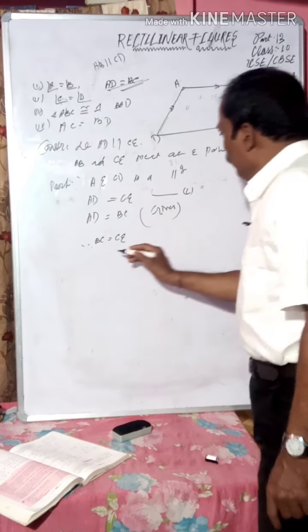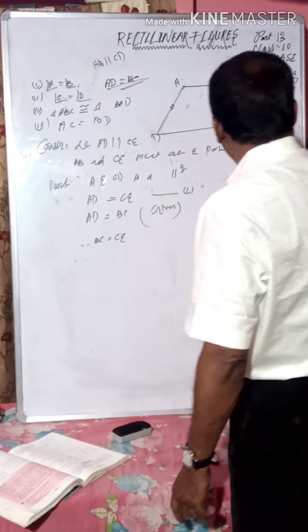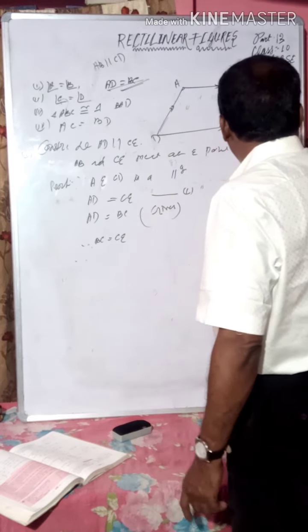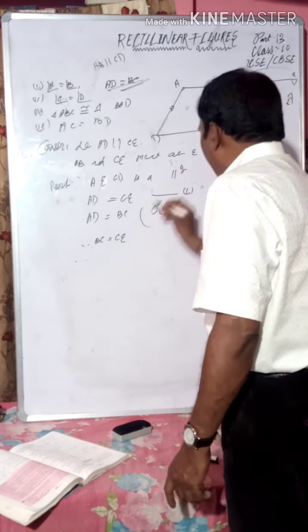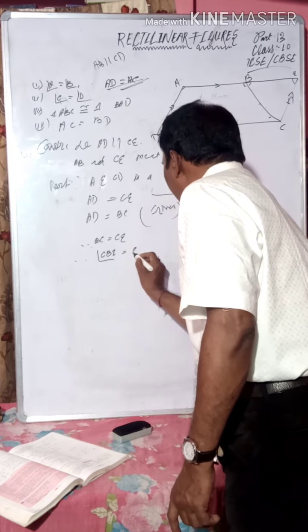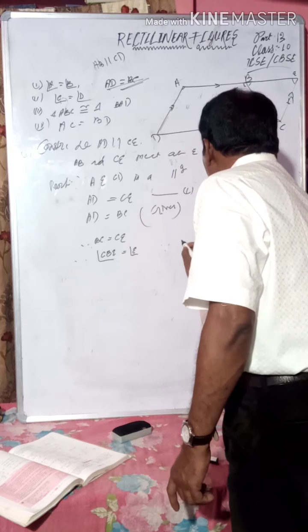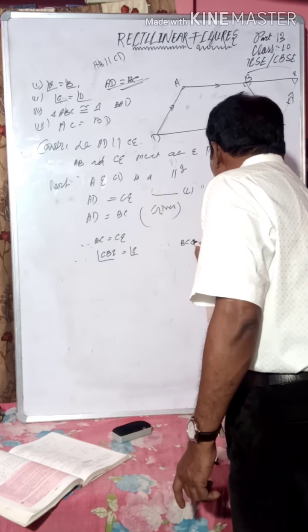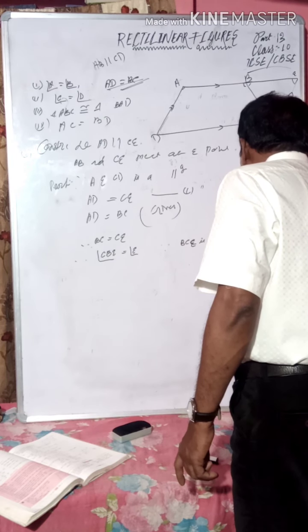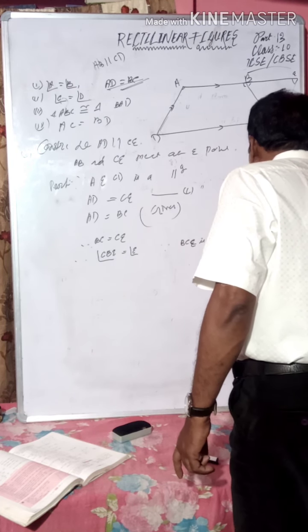So angle E is equal to angle CBE, as BCE is an isosceles triangle.